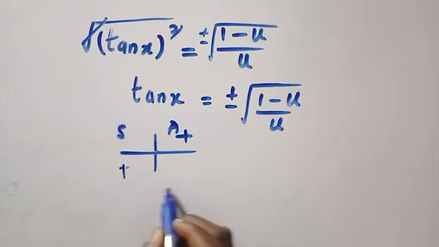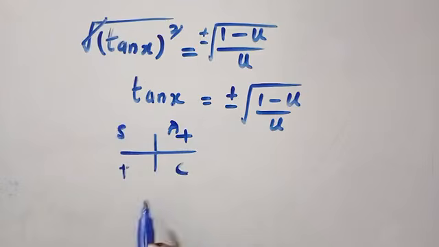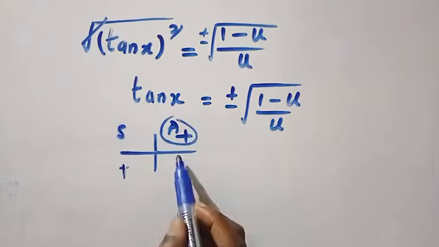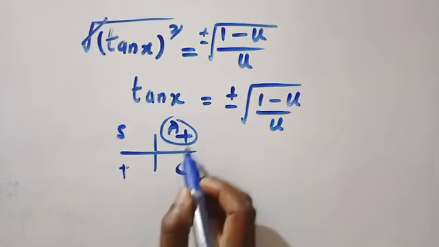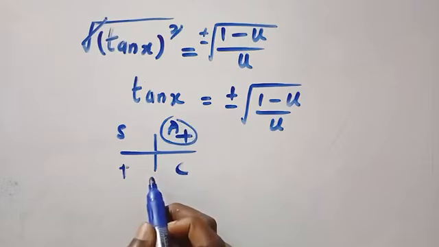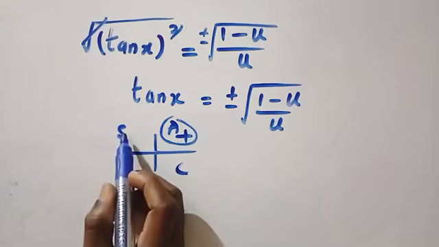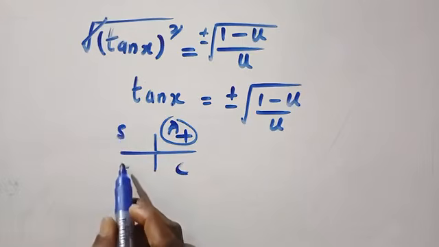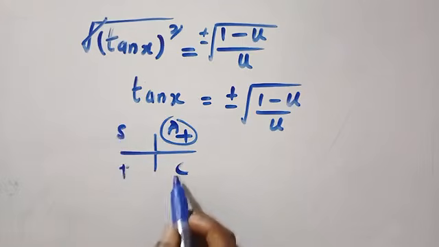This is tan positive and here is cos positive. So any value that ranges from 0 to 90, we are going to have as positive. Only sine of theta is positive, tangent is positive and cos is positive here.